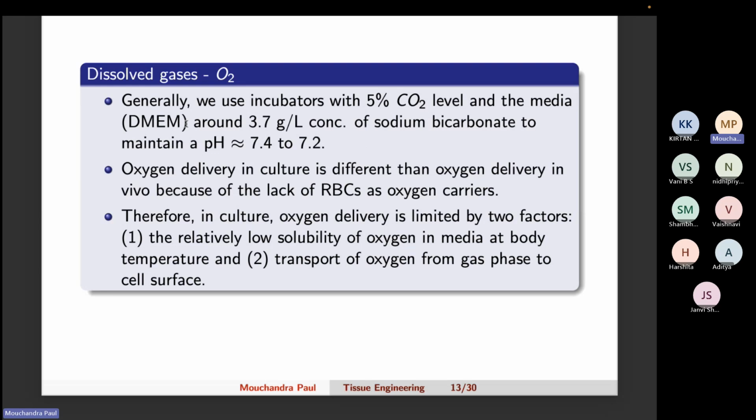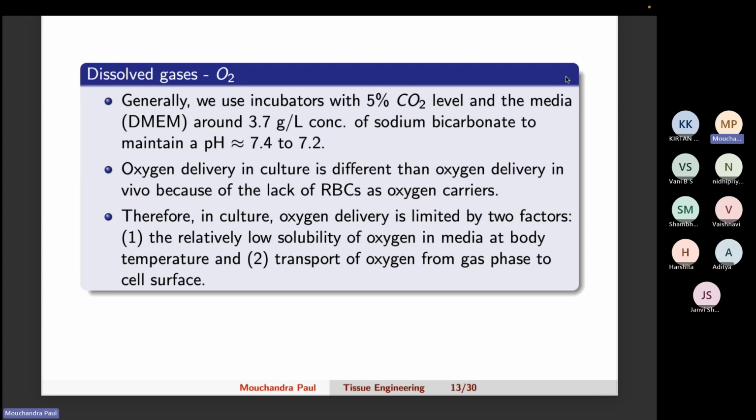Whenever we use this media for culturing the cells, we use incubators with 5% CO2, and to this media we add 3.7 grams per liter of sodium bicarbonate. When we do it, we achieve a pH level of 7.4 to 7.2. And at this pH level, the phenol red, the pH indicator that is already there in the media, turns red, pinkish red.